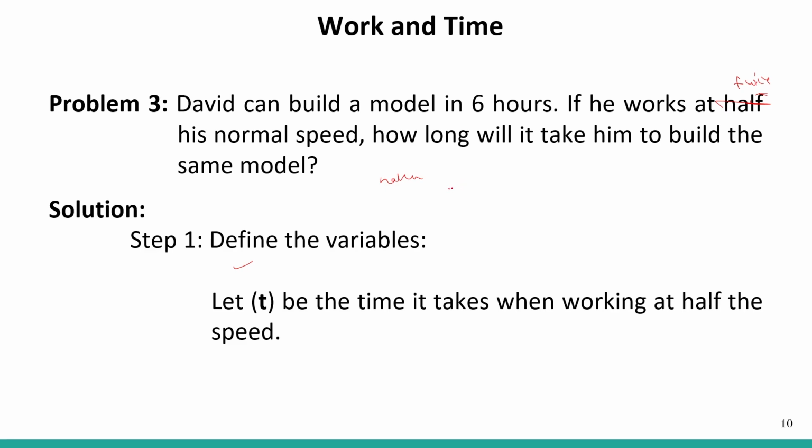For the same work, work into time: 6 into 1 is equal to x into 1 by 2, since the work is half completed in that time. This implies that x is equal to 12 hours. If his speed is half, he will take 12 hours to complete the same model.